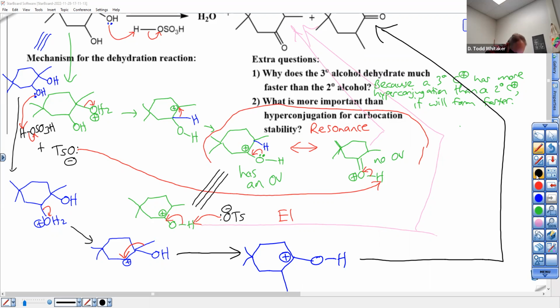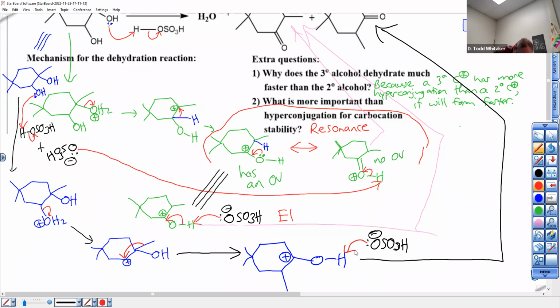We never had OTS negative. It was O negative with SO3H. Same story here. O negative with SO3H.